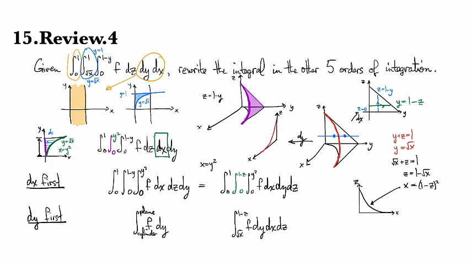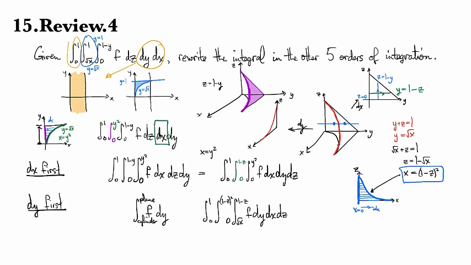If I'm doing dx dz, we're going dx first, and so we're going to start definitely at x equals 0, and then we're going to end at x equals the parabolic thingy, which I just solved for right here. So we go from 0 up to (1 minus z) quantity squared, and then that's going to be from 0 to 1. Or, this is also equal to root x to 1 minus z for dy.